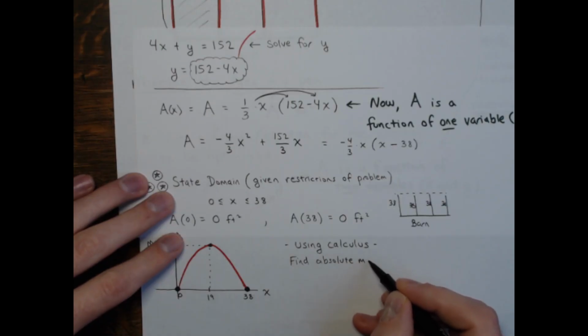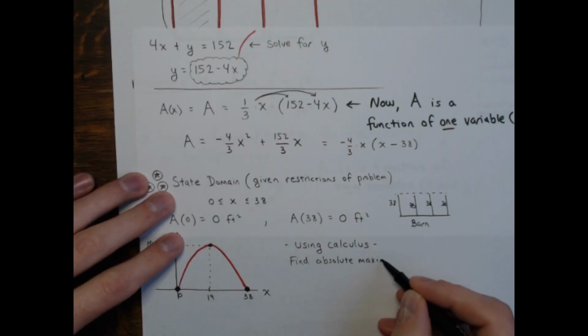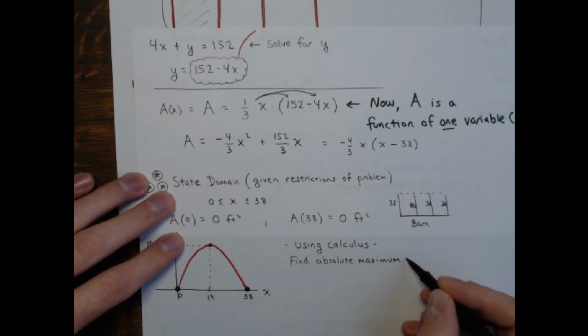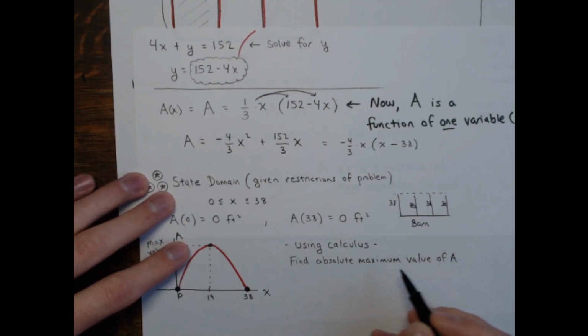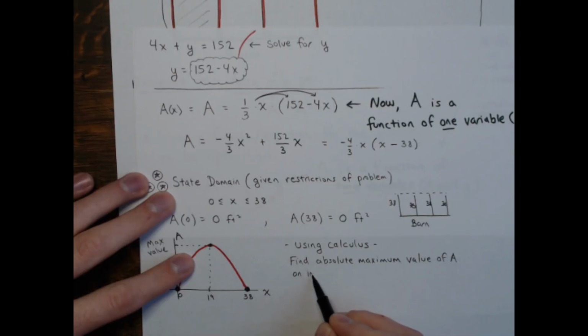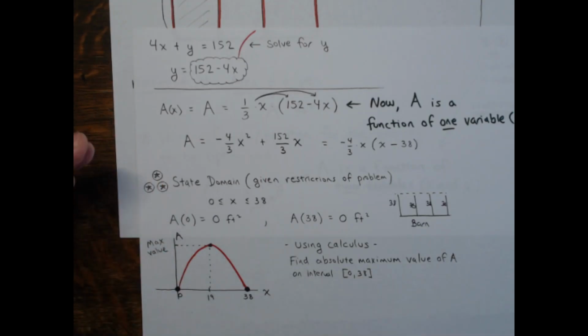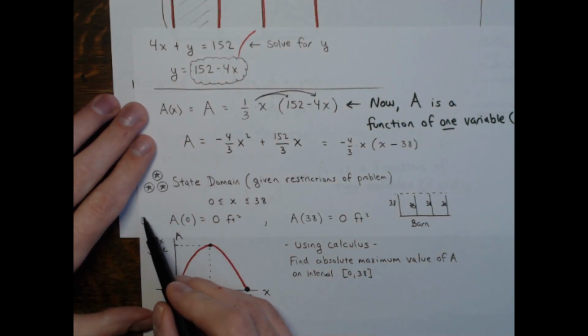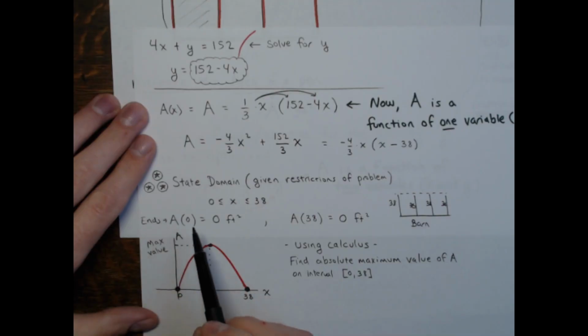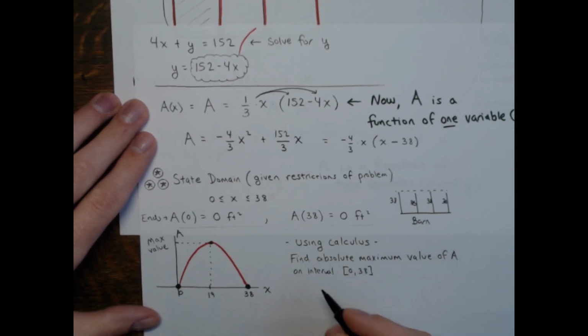Find the absolute maximum value of A on this interval from 0 to 38. So remember from previous videos and the previous assignment, we've done this. You plug in the ends of this interval, which I plugged in 0 and 38, and you got 0 at the ends. You're seeing that in the picture.